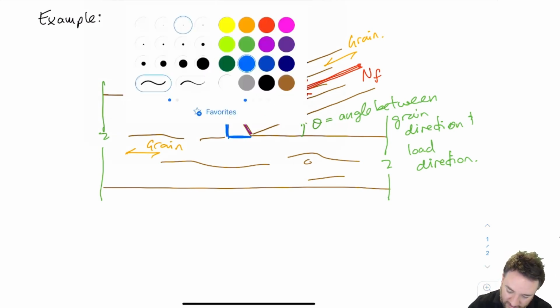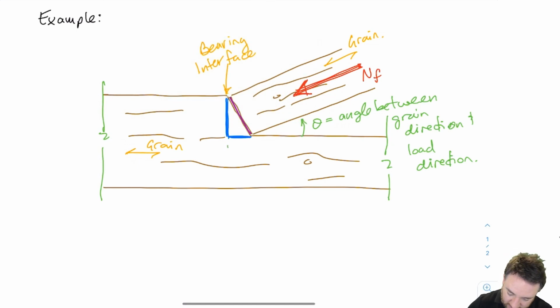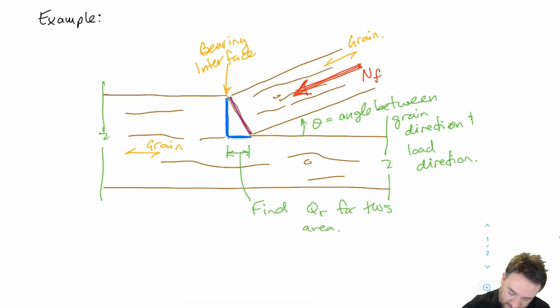And this bearing surface down here is going to be my QR. Find QR for this area. And this bearing surface over here, I'm drawing the length, but it obviously also has a width, which is equal to the depth of the bearing surface right here, which might be the depth of the member.